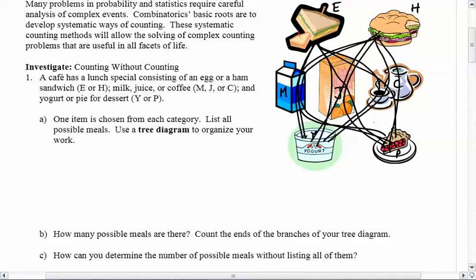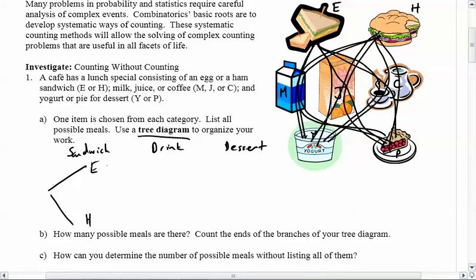So an easier way to analyze this or to put all this information together is in something called a tree diagram. So to make a tree diagram, I can first draw a branch that represents my choice of sandwich, and then my choice of drink, and then my choice of dessert. So for sandwiches, I've got 2 possibilities, either egg or ham.